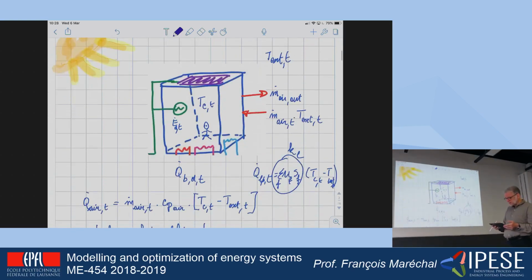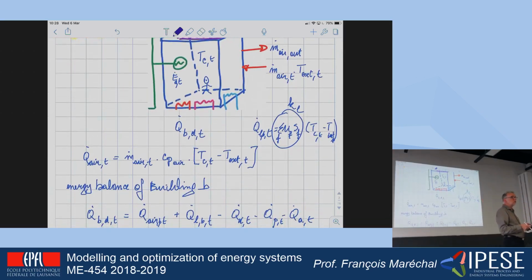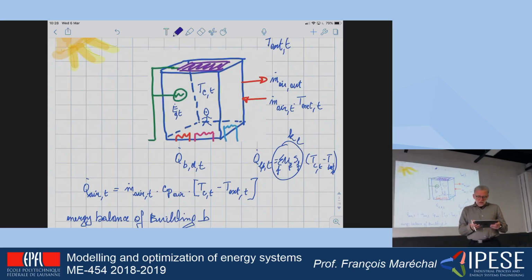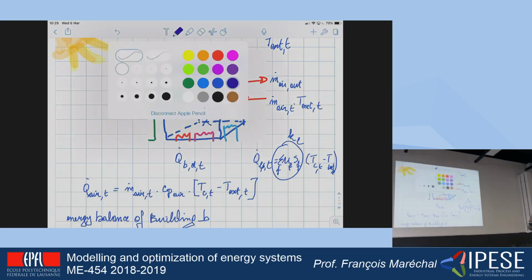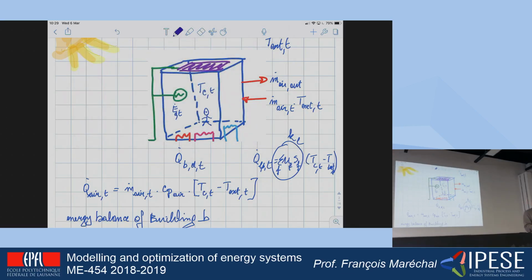For doing this, I'm going to look at what I was already doing last week, where I have written an energy balance of the building. And now what I have to do is to characterize flows, so I have to give values to the flows. The flow of air that is extracted, for example, the heat that is radiated via the walls.